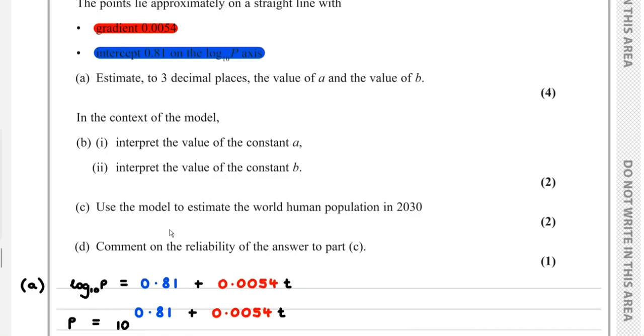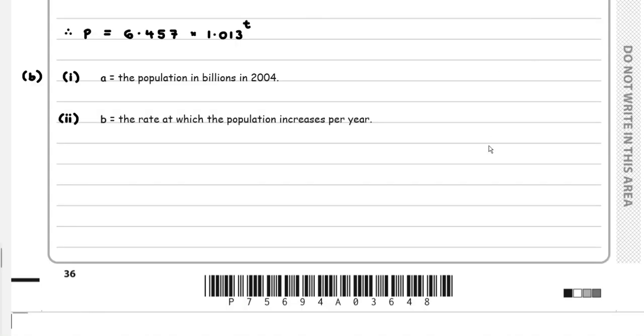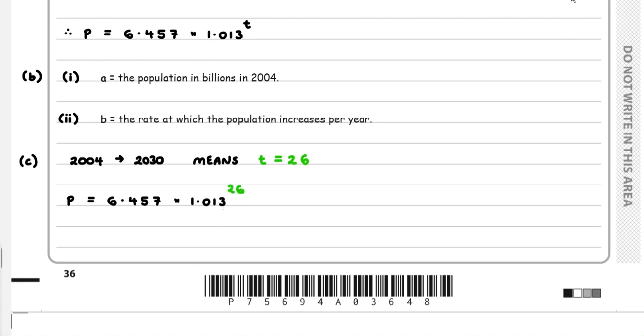Part C. Use the model to estimate the world human population in 2030. So for part C, going from 2004 to 2030, that's 26 years, so t is 26. So we have p equals 6.457 multiplied by 1.013 to the power of 26.